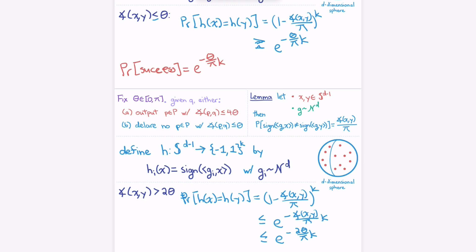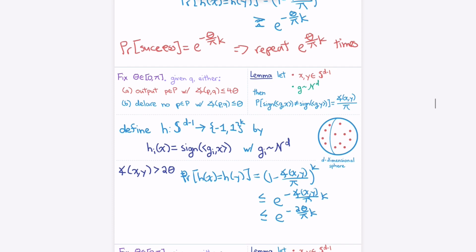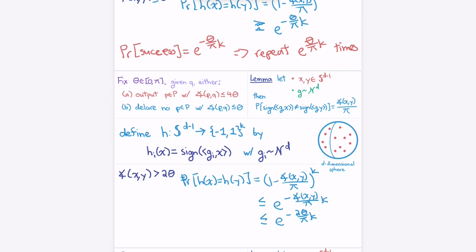So this implies you might need to repeat e to the theta over pi k times, whatever you choose. Now, on the other hand, when you go to your bucket in a particular run, you're going to see a lot of noise, right?